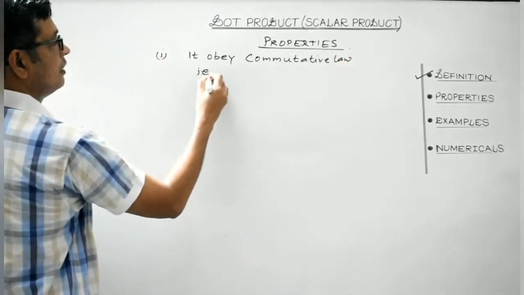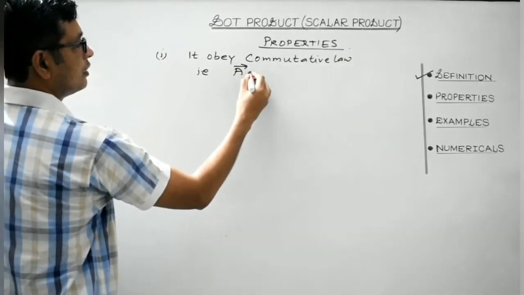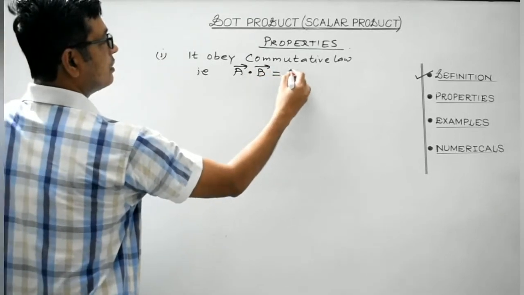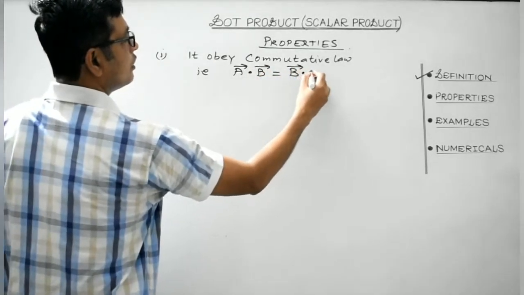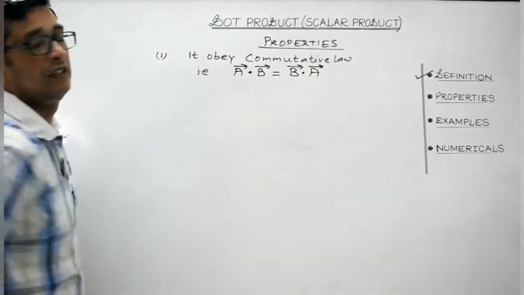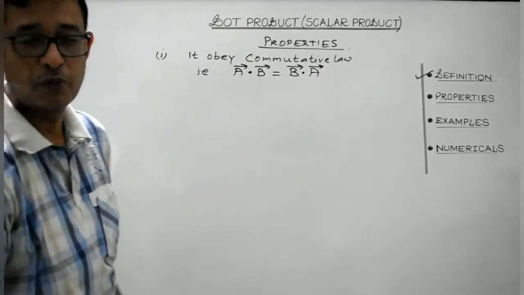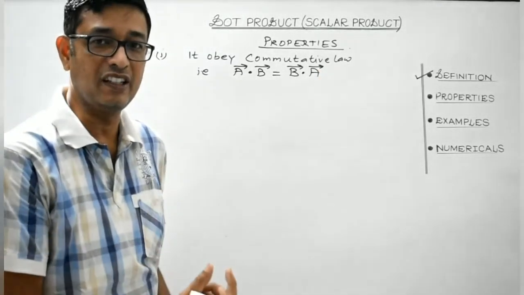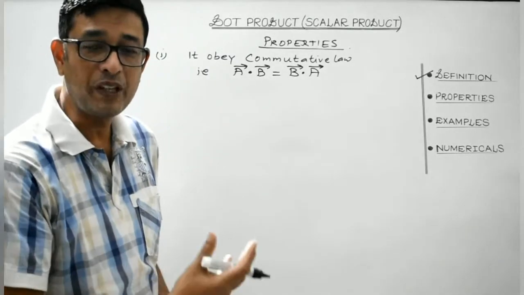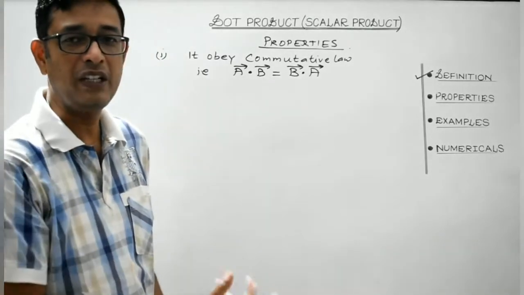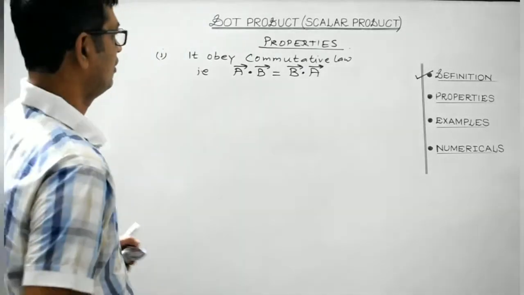That is, A vector dot B vector is equal to B vector dot A vector. Because as you are aware, the dot product of two vectors is a scalar quantity. So you can either write A dot B or B dot A. The result would be same. We'll prove it mathematically, right?